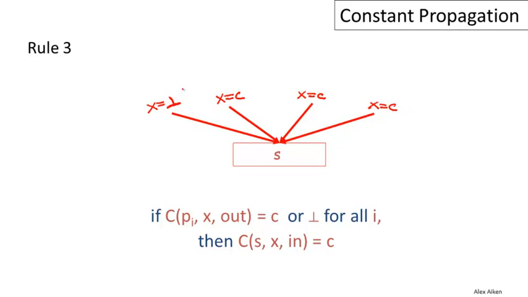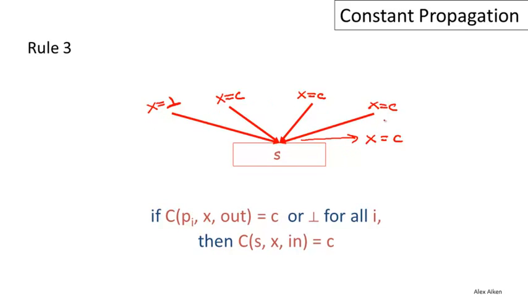And so what the rule says is that if either x has the property bottom after a predecessor, or all the predecessors agree on the particular constant that x could be, then at the program point before S executes, we know that x is guaranteed to be the constant c.